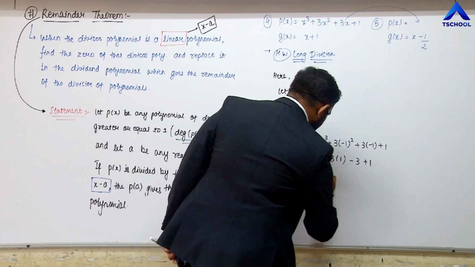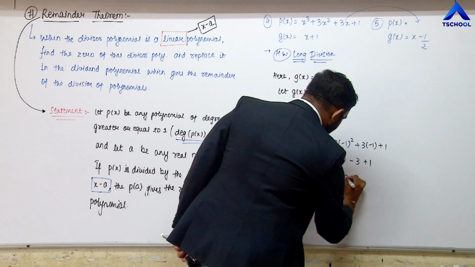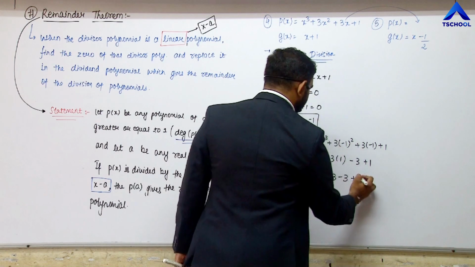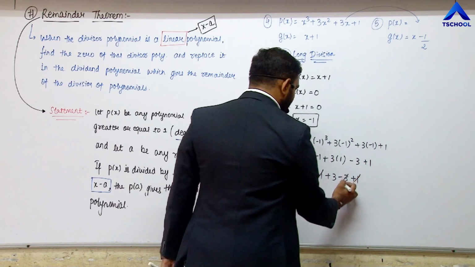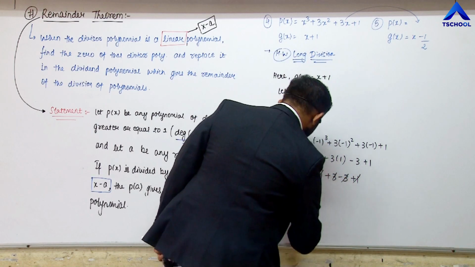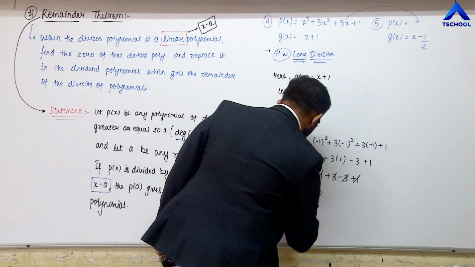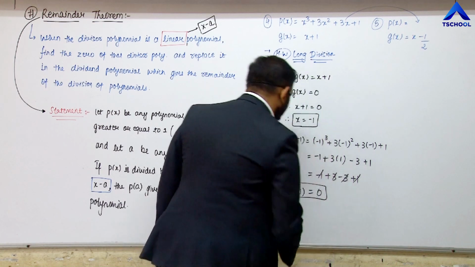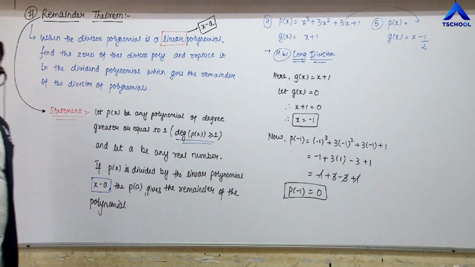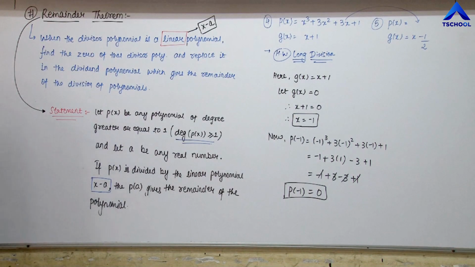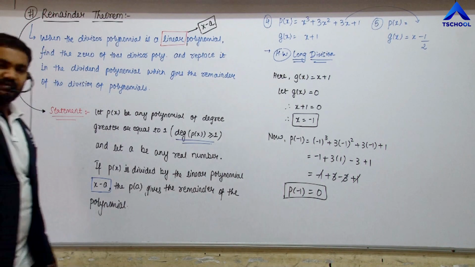So that is again minus 1 plus 3 minus 3 plus 1. Minus 1 plus 1 cancel. Minus 3 plus 3 cancel. And hence the value is 0. Hence the remainder is also 0. So the remainder of this division is 0. Is it clear, friends, that the remainder of this division is 0?